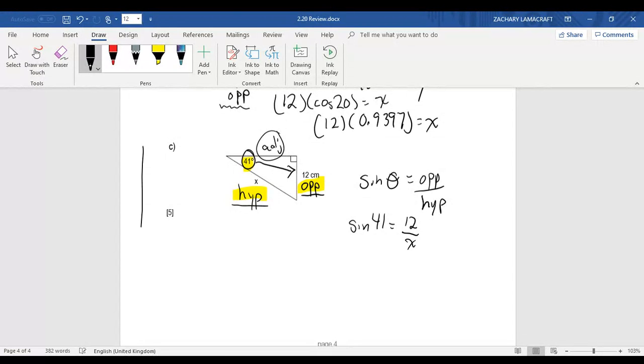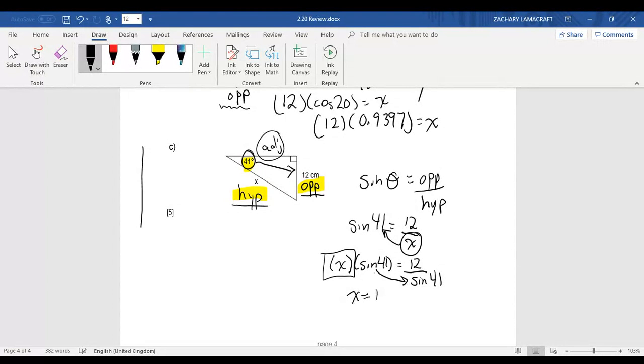So again, it's one of the ones where x is on the bottom, which makes things a little tougher because it's one more step. We want x by itself, but we can't have it on the bottom. We need to bring it to the other side, and since it's division on the right side, it must become multiplication on the left. So it'd be x times sine 41 equals 12. Once again, we want this x by itself, and it's multiplying sine 41. So we want sine 41 to go to the other side. Since it's multiplication, it becomes division because it is the opposite operation.